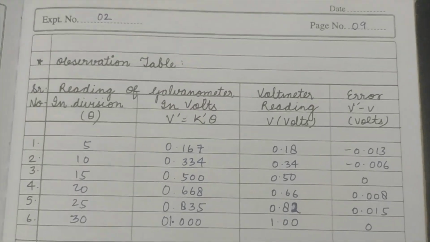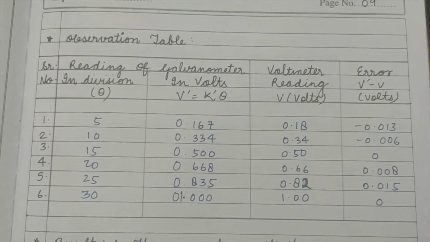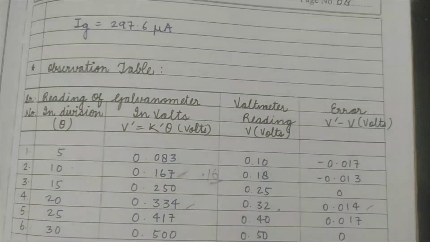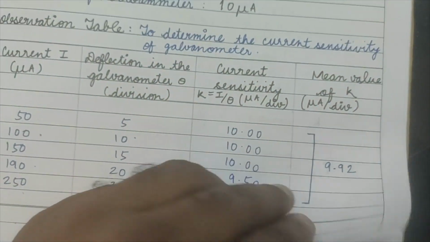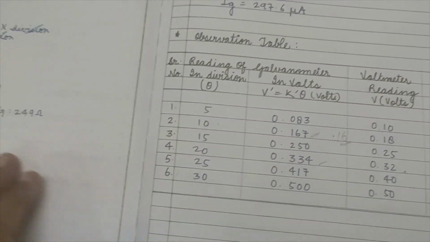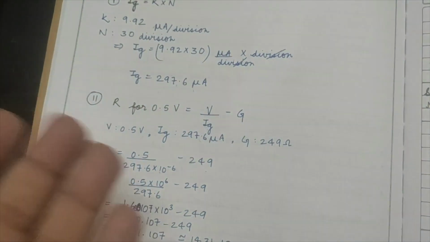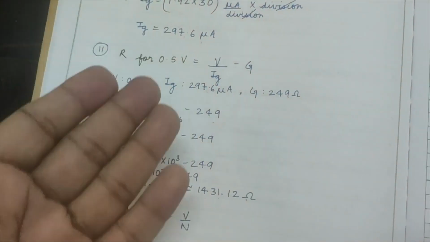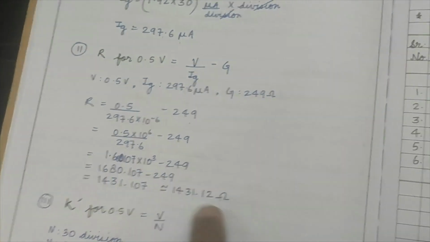For the result, you can write that the current sensitivity measured has come to be 9.92 microampere, and you have converted the galvanometer into a voltmeter of 0.5 volt and 1 volt range. The resistances required for the corresponding 0.5 and 1 volt are these.